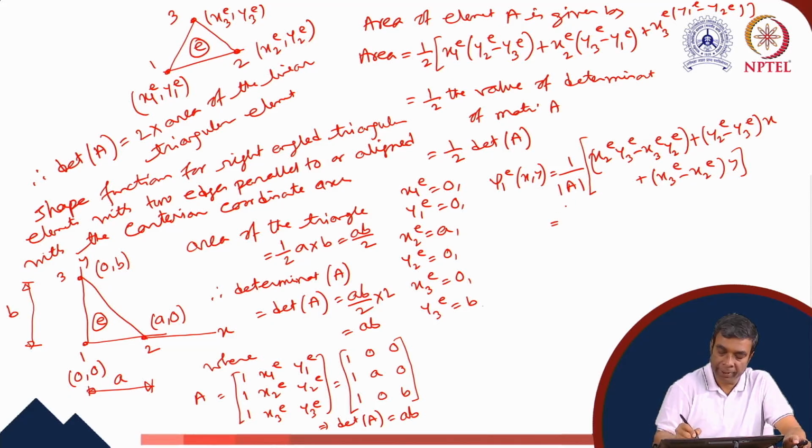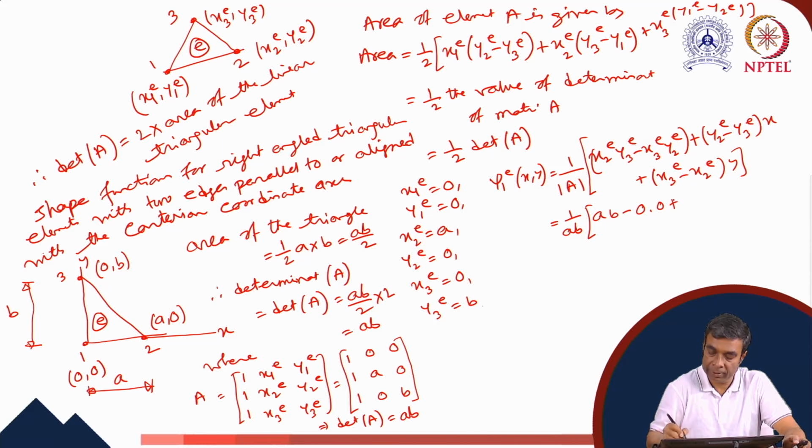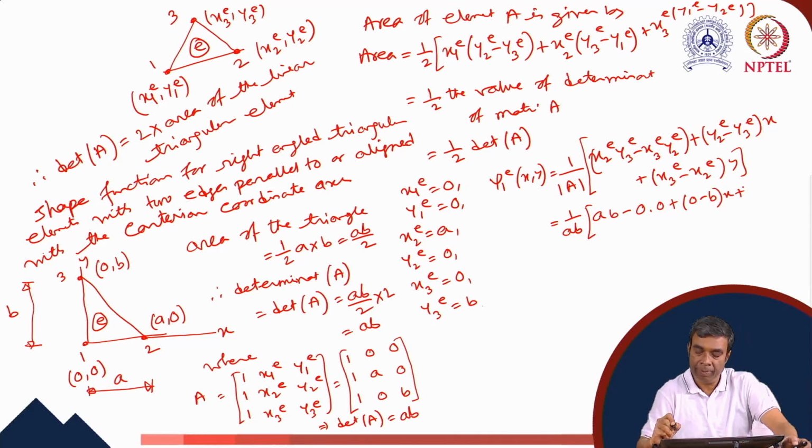So by putting these values, determinant A is ab, so 1 by ab, x2e is a, and y3e is b, minus x3e is 0, y2e is also 0, plus y2e minus y3e into x. y2e is 0 and y3e is b, so it is 0 minus b into x, plus x3e minus x2e into y. x3e is 0 and x2e is a, so 0 minus a into y.